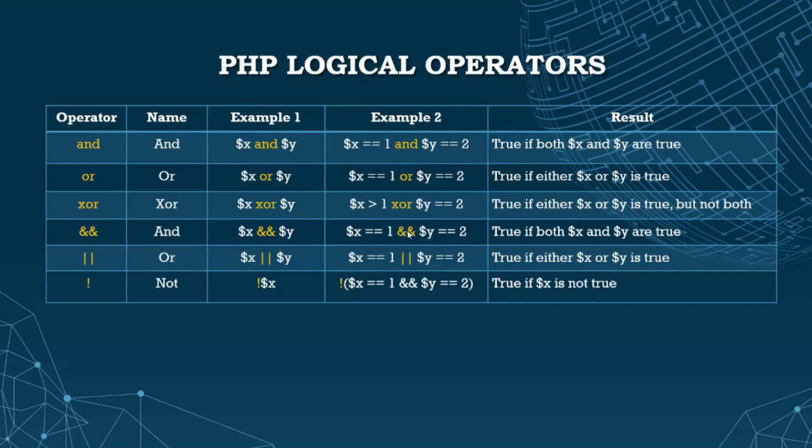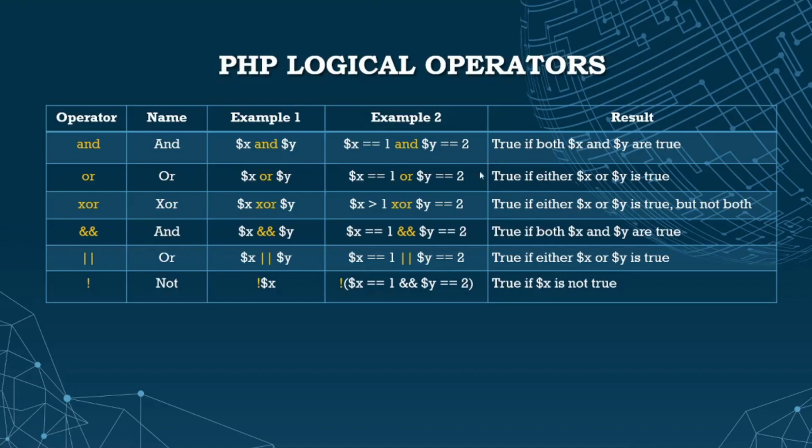Oh, I mean, this one. Okay? So, just take note, guys. If meron kayong condition na kinakailangan both of the conditions are true, then AND operator yung gagamitin natin. Pero, kung either one of them lang po, yung gagamitin po natin is the OR operator.